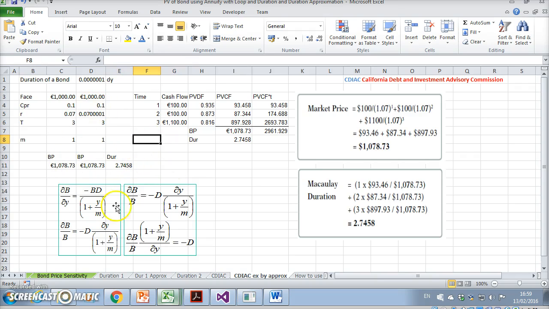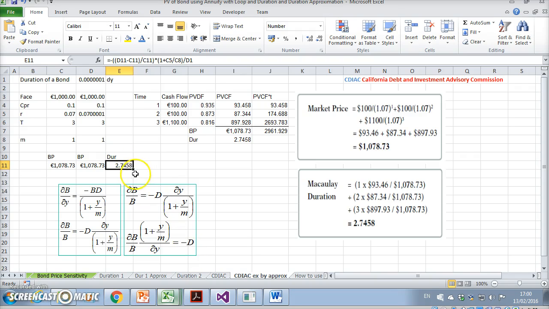But then in addition, I estimate a duration using this technique here, where basically I say the change in the bond price divided by the original bond price multiplied by 1 plus the rate of interest divided by the interest being the yield to maturity, or R, divided by M, which would be given here as 1, and that divided in turn by the change in the interest rate would also yield the duration.